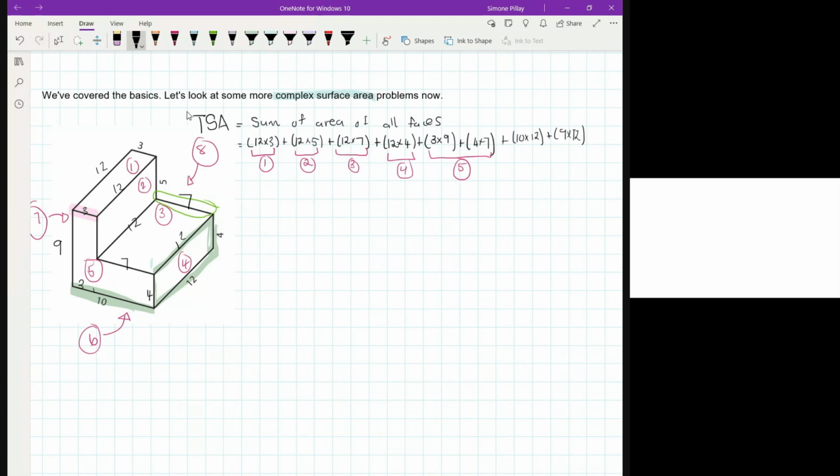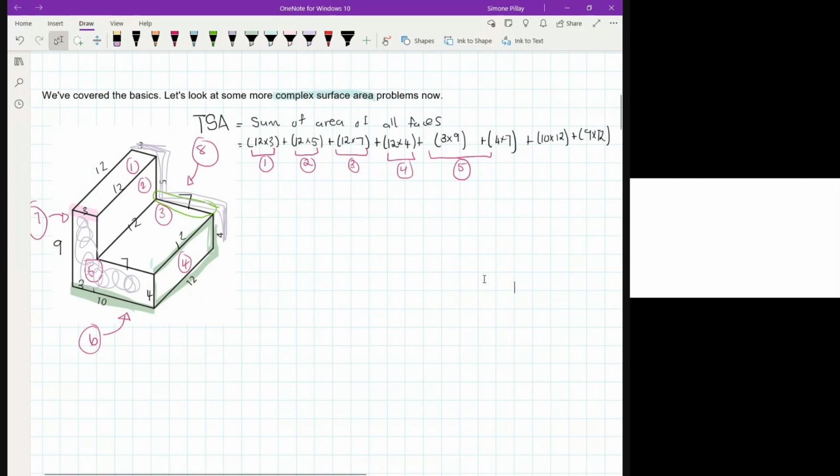And then face number 7, well, this is what I wanted to tell you guys. Do you agree with me that face number 7, this face over here at the back, would be the same as face number 5? So what I'm going to do is move this up a little bit, and this up a little bit.